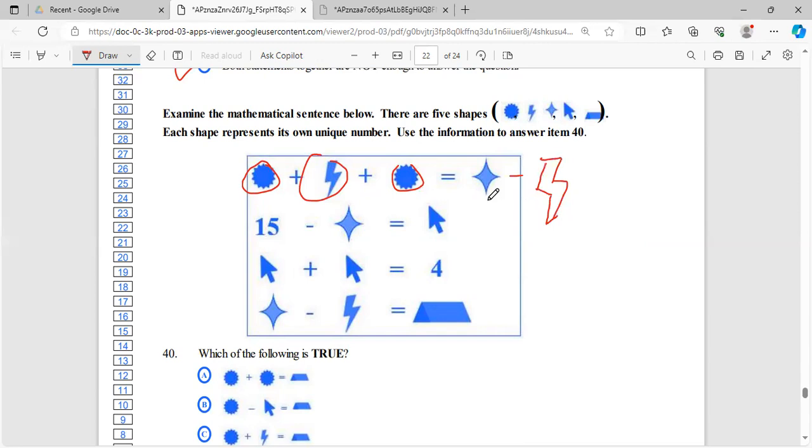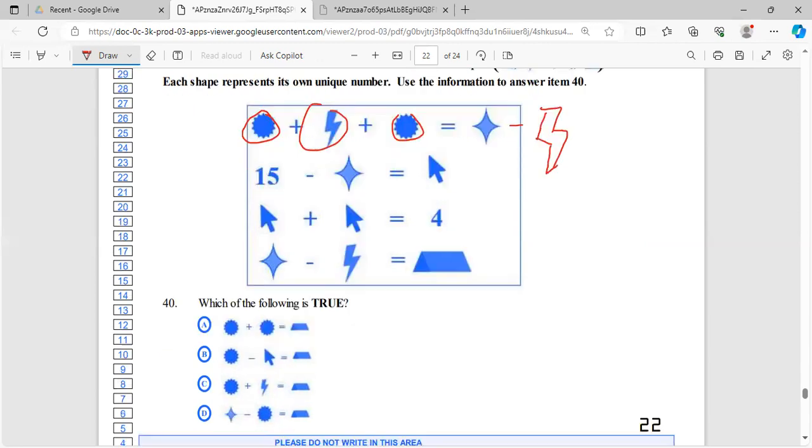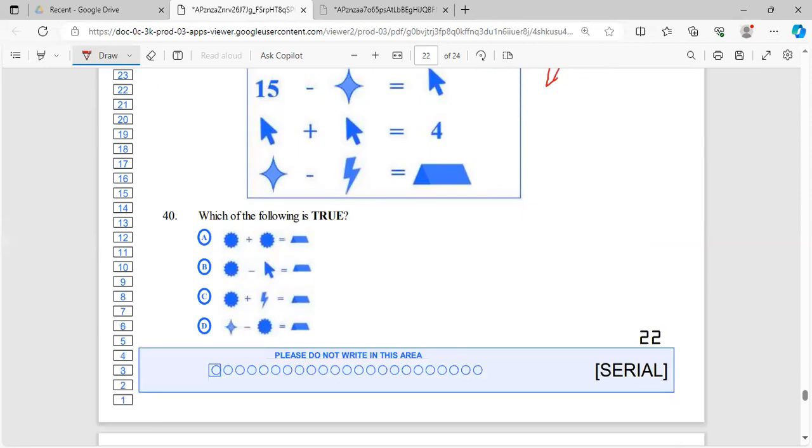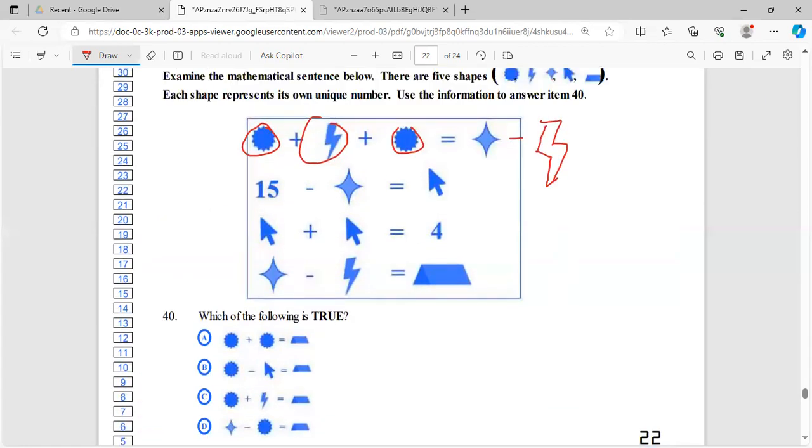So you can transpose, right? And of course, let me see now if that's in it. That's not an option. Alright, so let me see which other one.